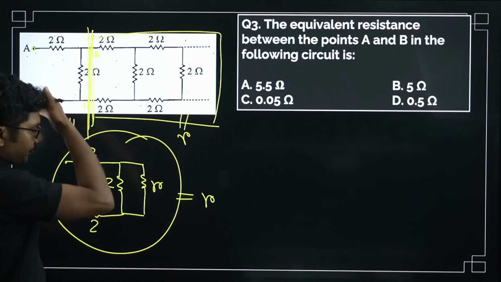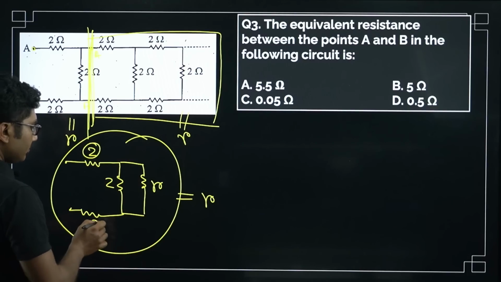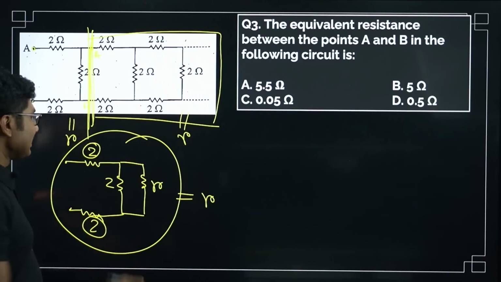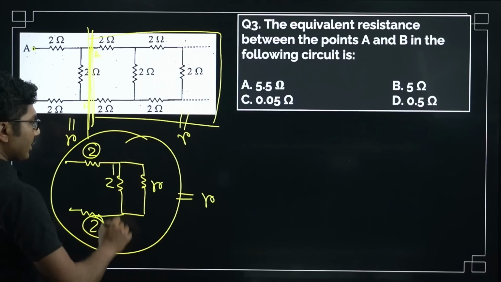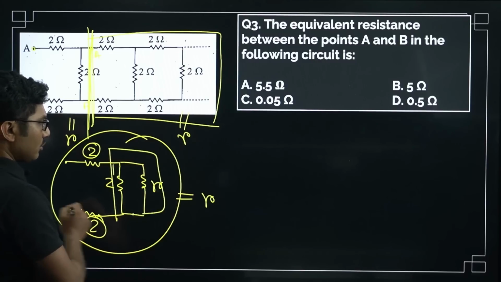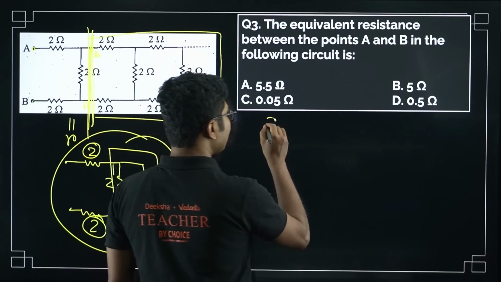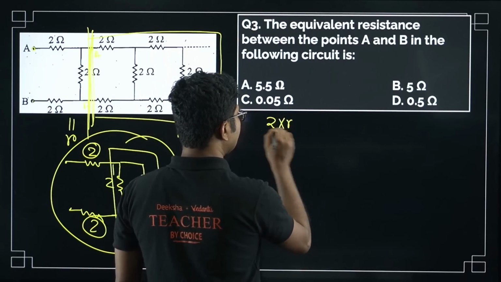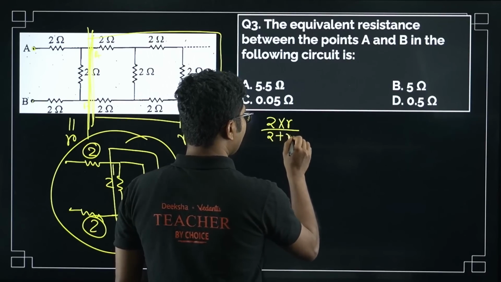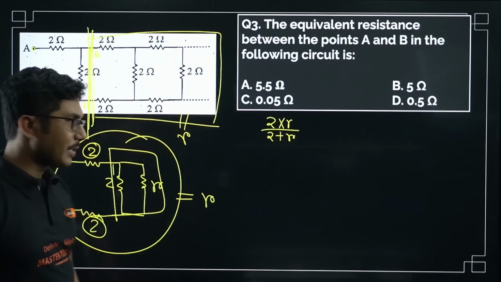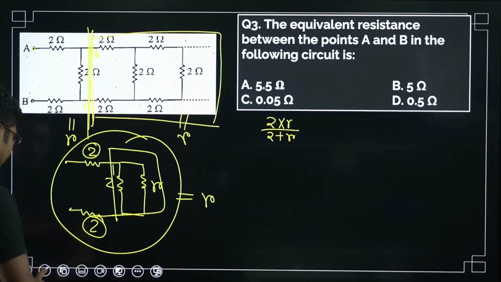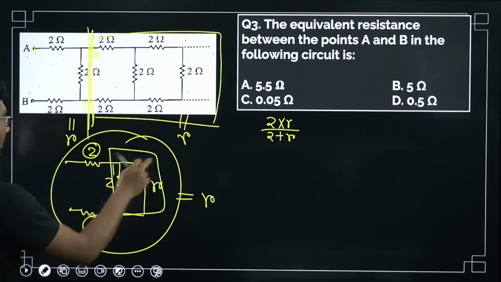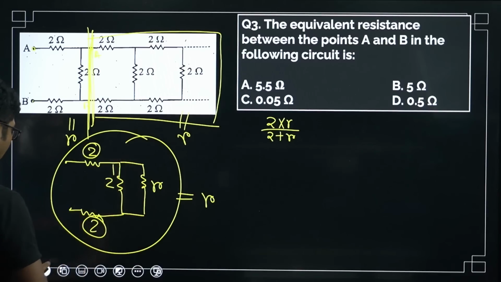So this is 2 ohm, this is 2 ohm, they are connected in series. In between, this portion is connected in parallel. So 2 and r are connected in parallel, so 2 into r divided by 2 plus r, right? Two resistances connected in parallel, this is the formula for that. We will use a lot of shortcuts here because otherwise the problem is very long.